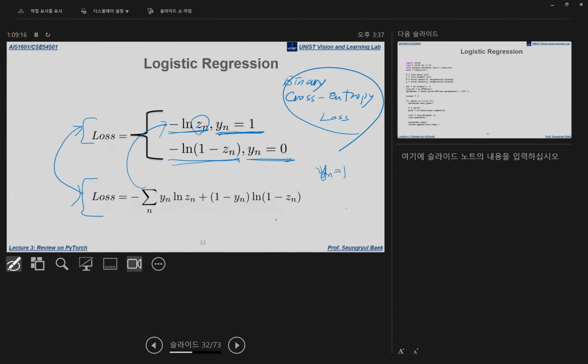And for the samples whose yn is 0, this term completely goes to 0, but only this term goes to 1, and this term remains. So you can see now, this is actually the same formula as the below formula, okay? Are you guys understanding this?